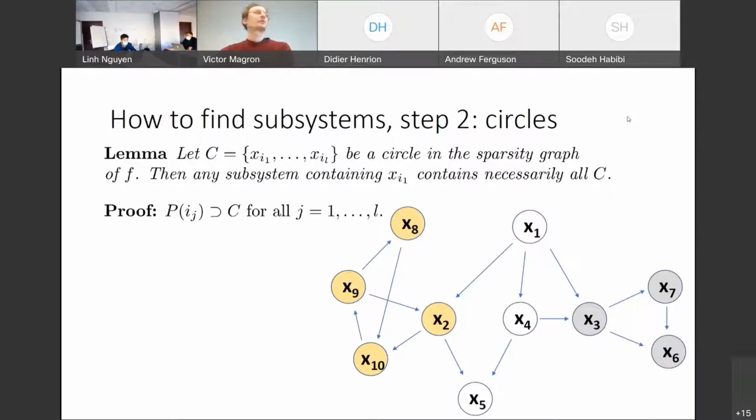Okay, so it's not like a cycle. Oh, I mean cycle. Sorry. Circle means cycle. I often confuse this. Sorry. Directed circuit. Okay.